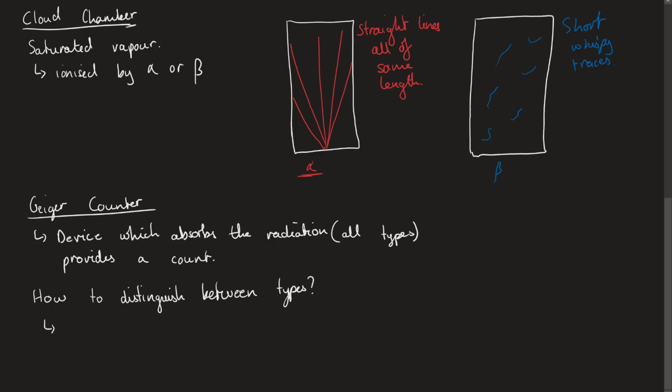So we change the range between the source and the detector, and this can then allow us to specify which type of radiation we're actually detecting.